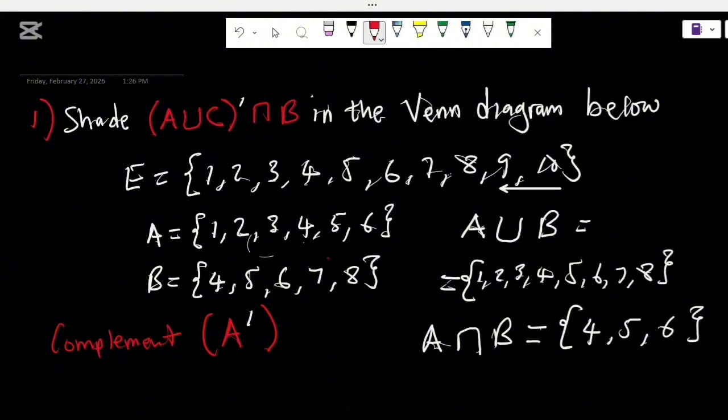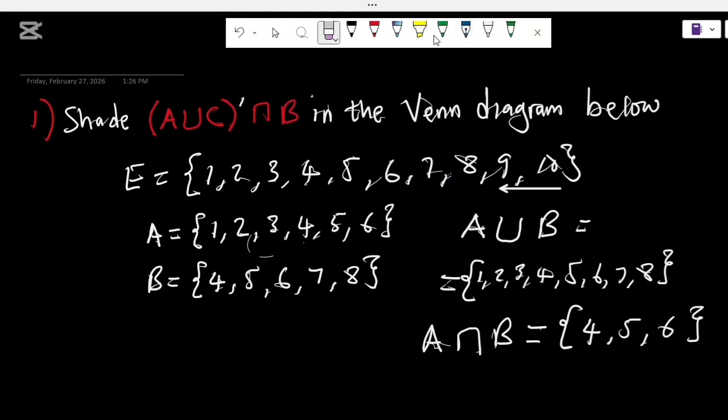So, for example, when we use the same example here, let's say we want to find A complement. So list A complement. So that means that we are not going to include all the elements of set A. So if we exclude 1, 2, 3, 4, 5, 6, the elements that are in set A, because complement means that we are dealing with the elements that are not in this set.